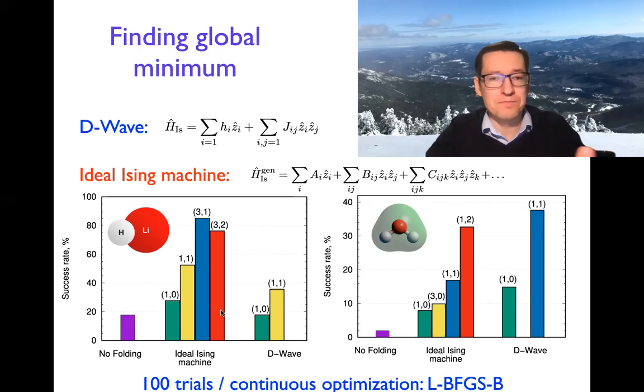And then within these 100 trials, there is a success rate for both molecules. How many times do we obtain what we know is a global minimum from the extensive search?